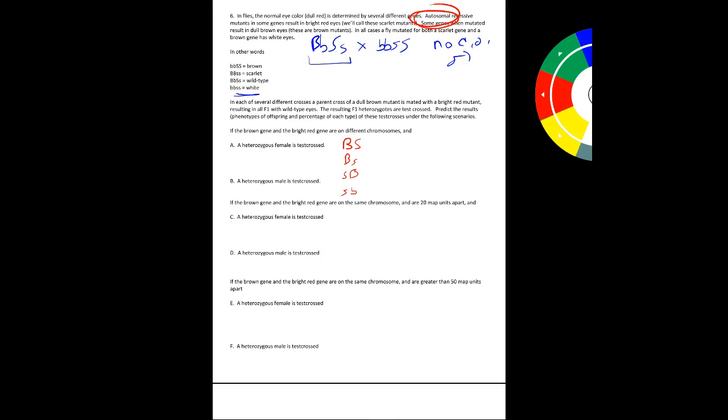Alright, so if we have big B, big S, that's wild type. This is scarlet. Oh, these are the same thing. So these got to be, switch things around. So we got big B, big S.